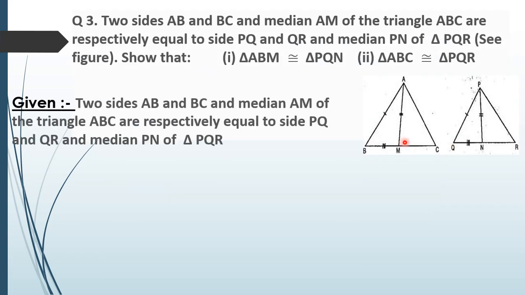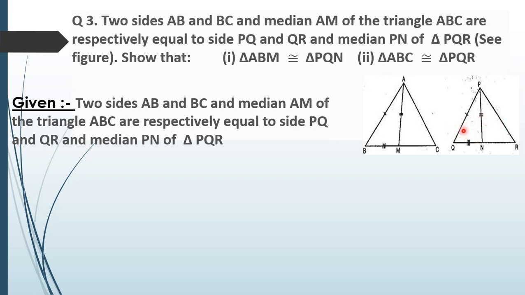The second question of this exercise, question number 3, says: two sides AB and BC and a median AM of the triangle ABC are respectively equal to the sides PQ, QR and the median PN of triangle PQR. Show that triangle ABM is congruent to triangle PQN and triangle ABC is congruent to triangle PQR.